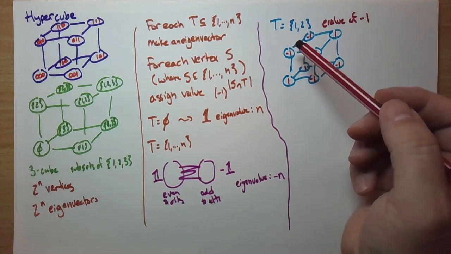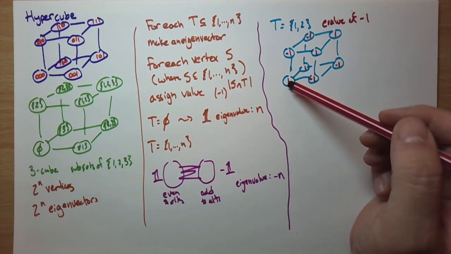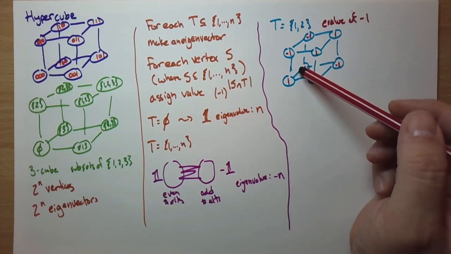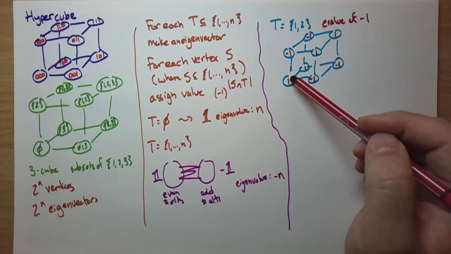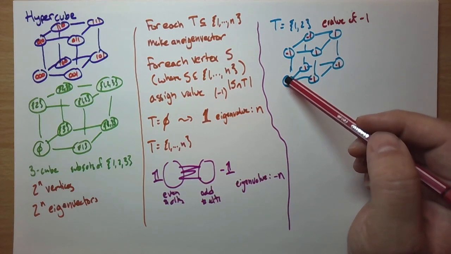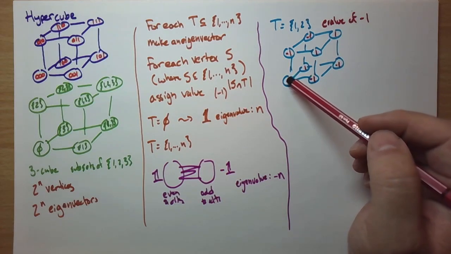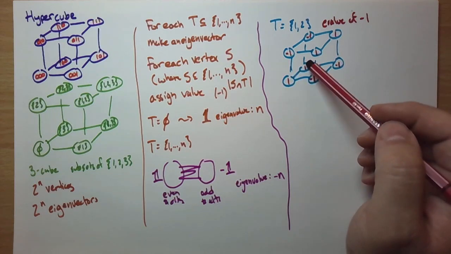And mostly you say, well, look, I look at my neighbors and I ask, how many times can I change sign and how many can I not change sign? Okay, so if I fix a vertex, how could it be that I don't change my sign? What would I need to do? Now remember, moving from vertex to vertex is you either add an element or take out an element. So if nothing changed, what does that correspond with?